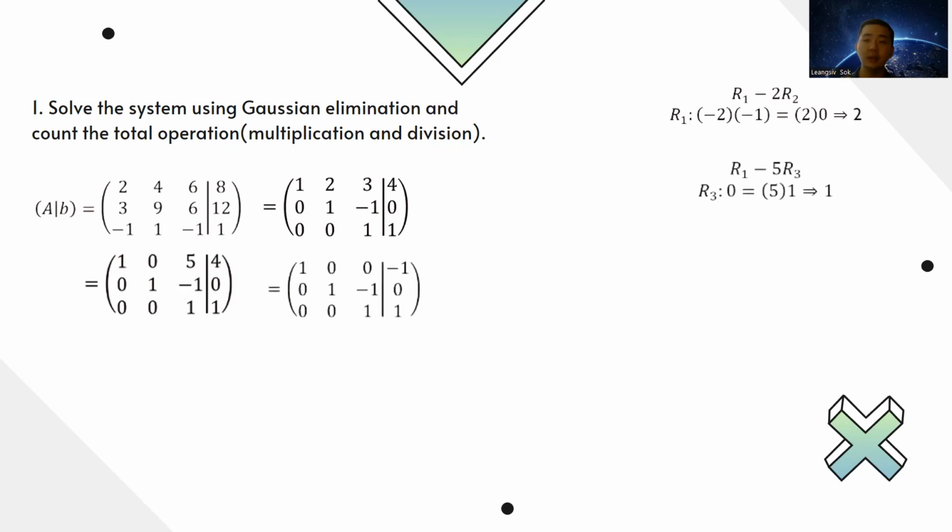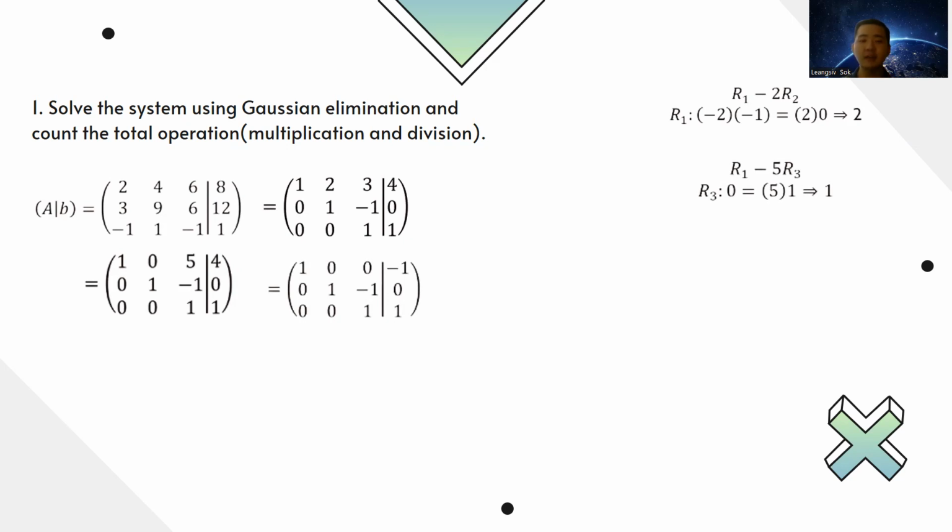Now we take row 1 minus 5 row 3. This step is also 1 operation, because the first and second column of the third row are 0, and the third column of the third row is a pivot.